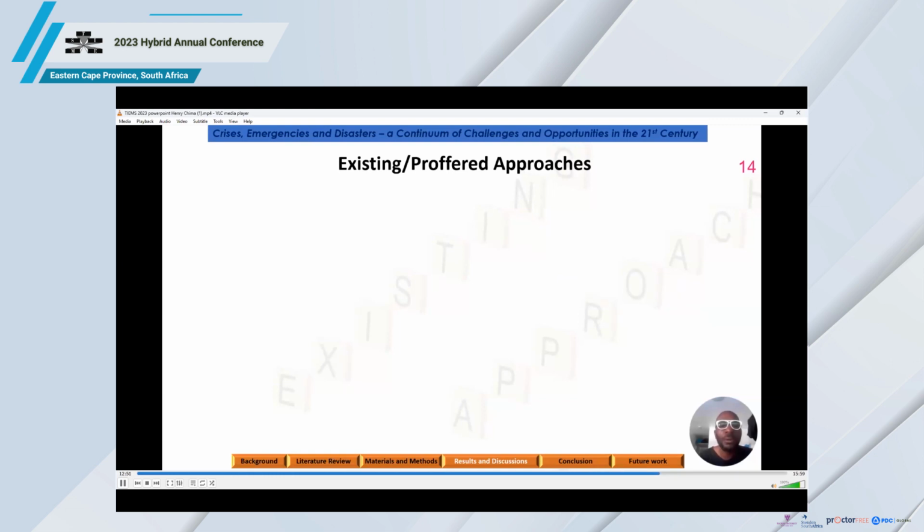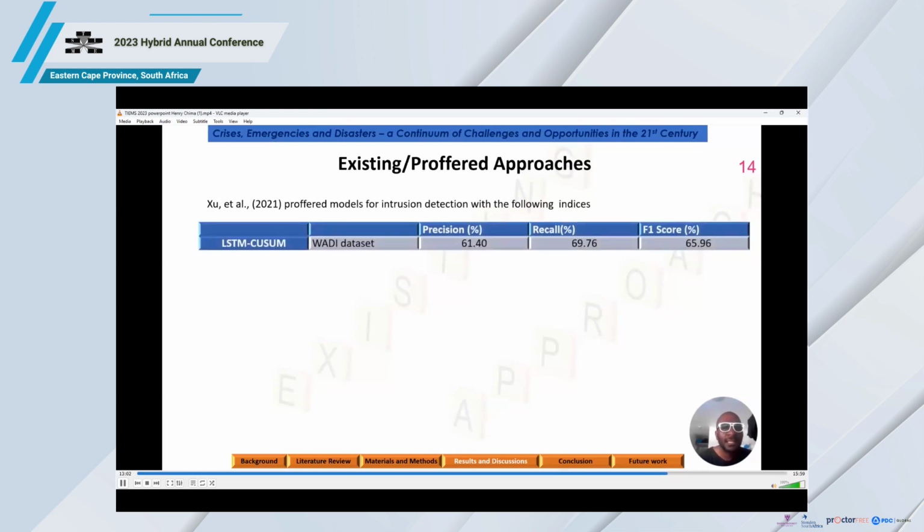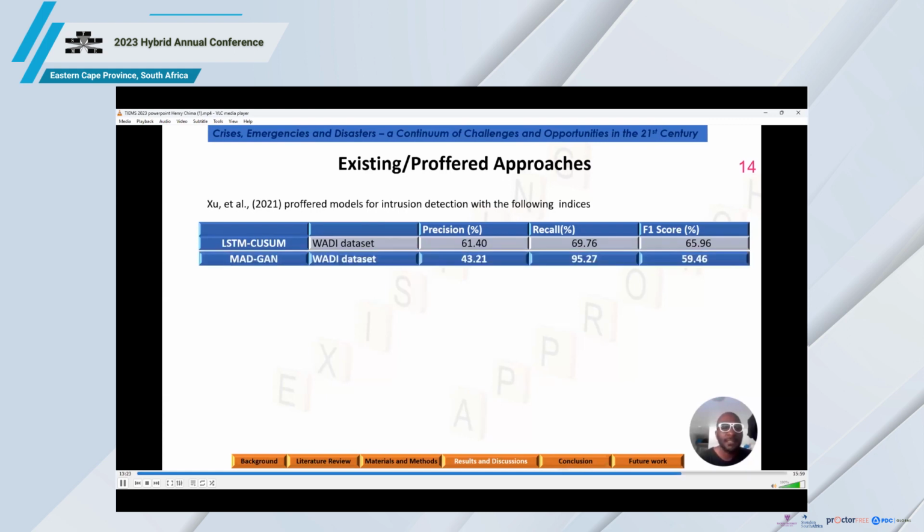Now, comparing the existing and profiled approaches, the work of Zhu et al. 2021 profiled models for intrusion detection with the following indices. Zhu et al. applied LSTM-CUSUM, that is long short-term memory cumulative sum algorithm, on the WADI dataset, and came out with a precision of 61.40, a recall of 69.76, and an F1 score of 65.96.